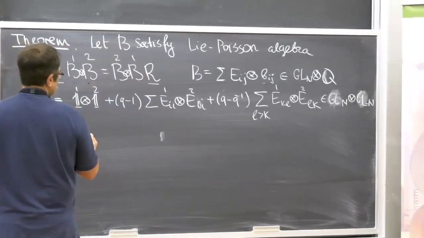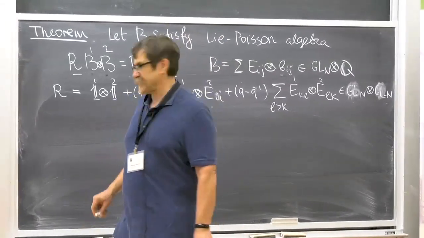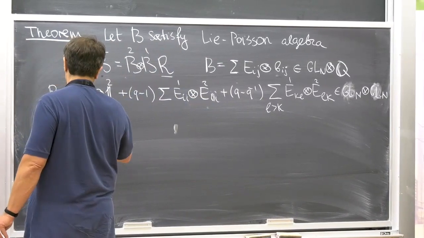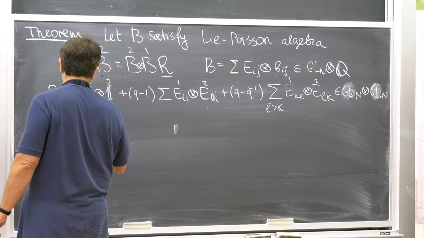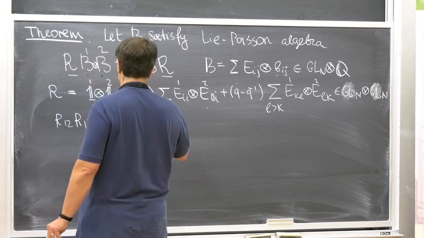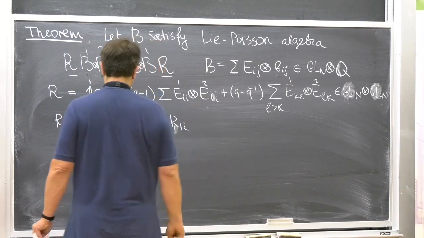If we have a tensor product of three spaces, then R12, R13, R23 is equal to R23, R13 and R12. That's, I think, true.